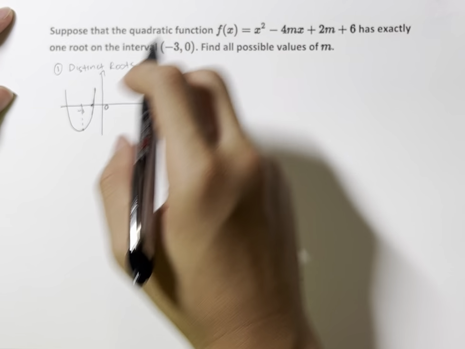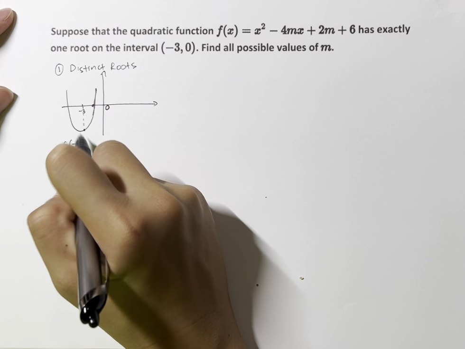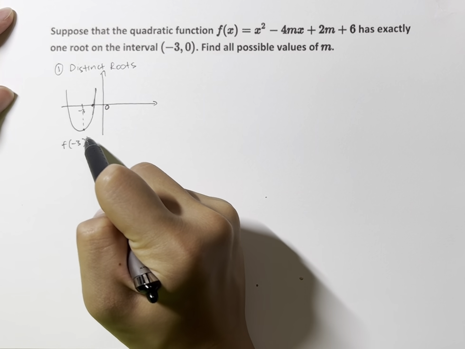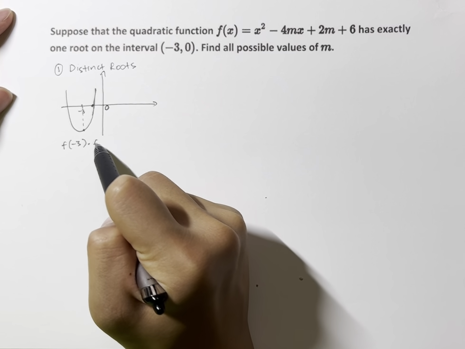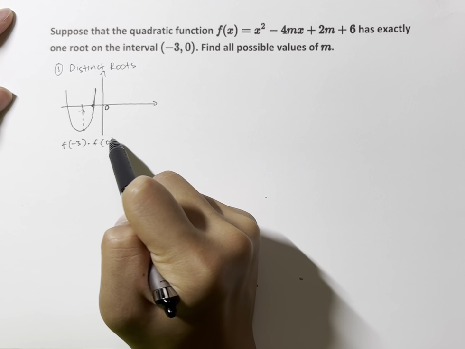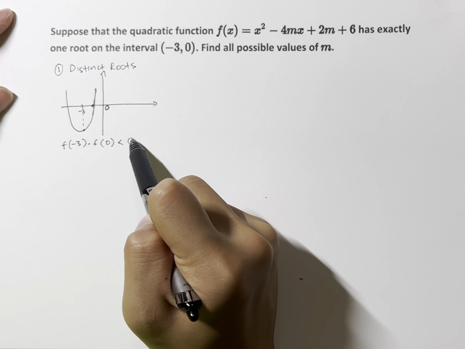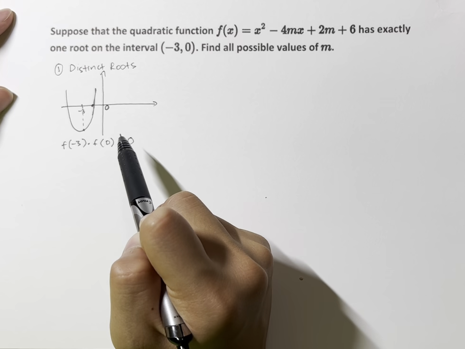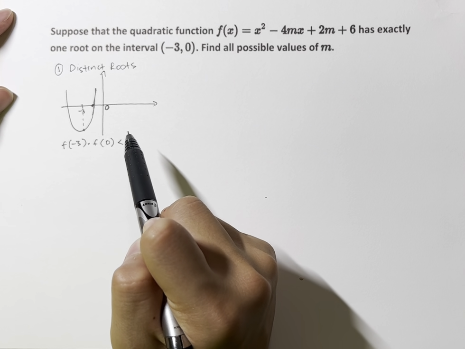So now we get that f(-3) times f(0) is less than 0, because they have different signs, and positive times negative equals negative.